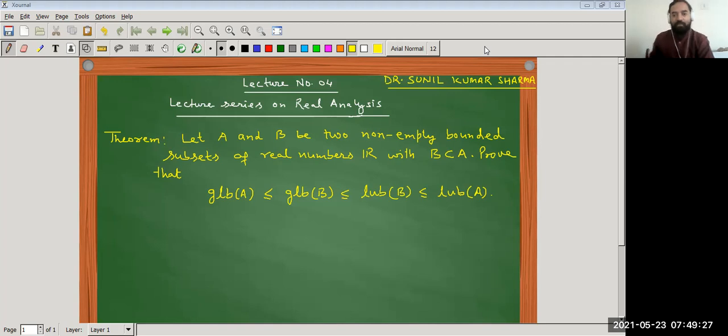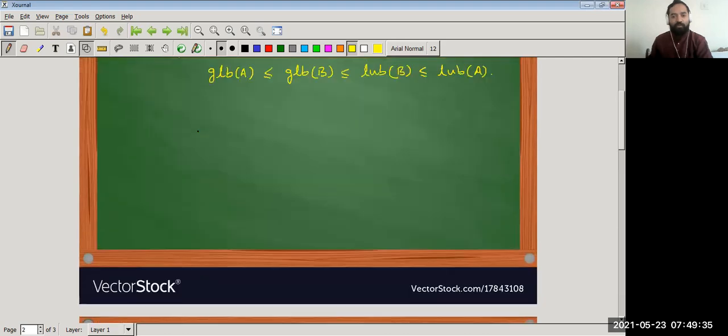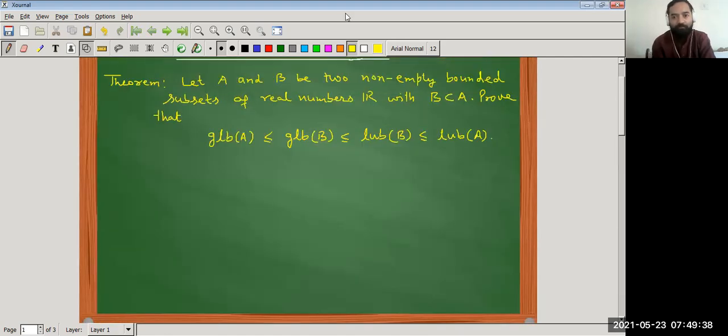So before proving this result, let us take an example so that the proof of this theorem becomes easy. So we try to prove this result by taking an example. Let A be the non-empty set, the closed interval minus 2 comma 4, and let us take B as the closed interval 0 comma 3.